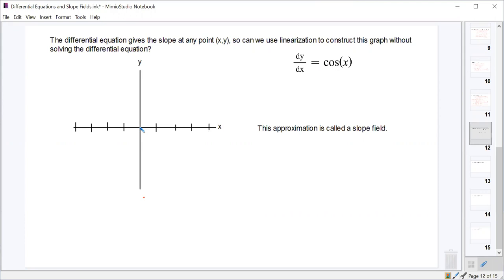Like the value of the derivative. So like if I said, what's the value of the derivative at the point 0, 7? Is the value of the derivative the same at 0, 7 as it is at 0, 2? Or at 8, 7? Which of those would have the same value for the derivative?